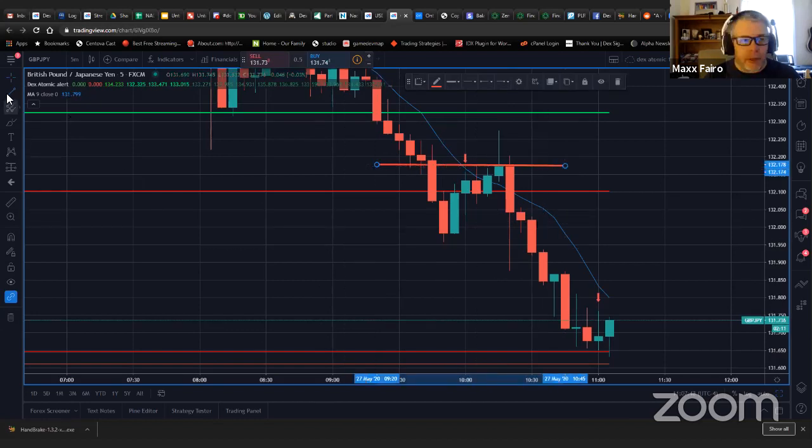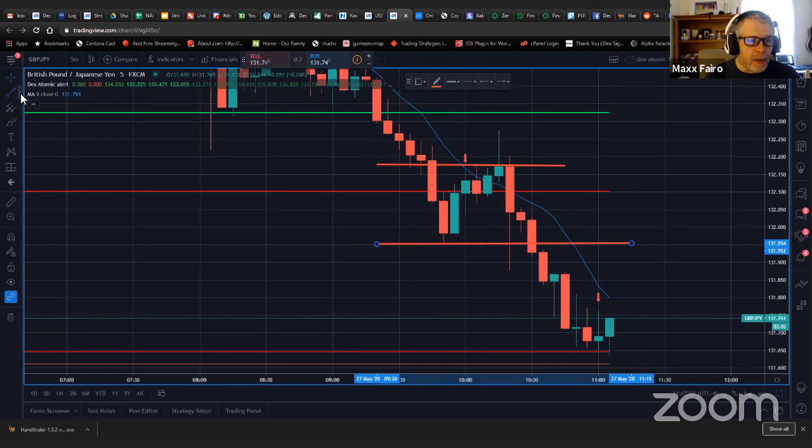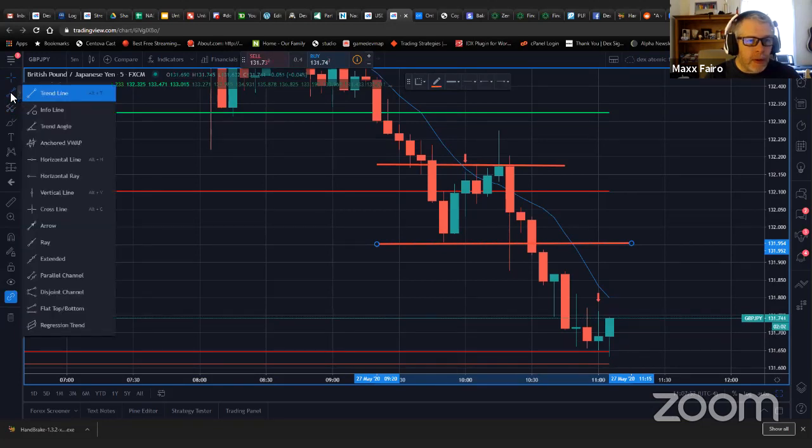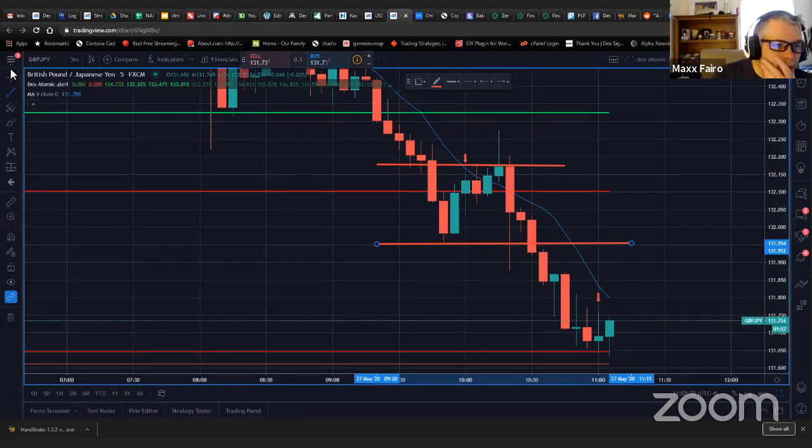We have some sort of in between this zone right here. It becomes a box, if you will. I could draw a box on here.